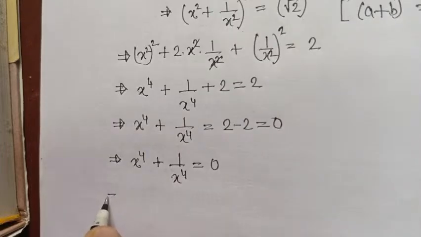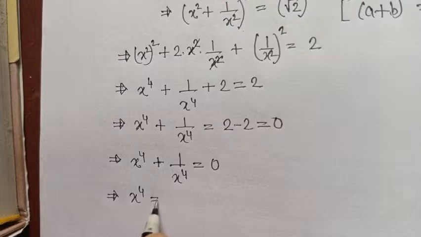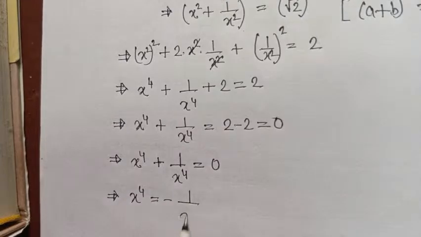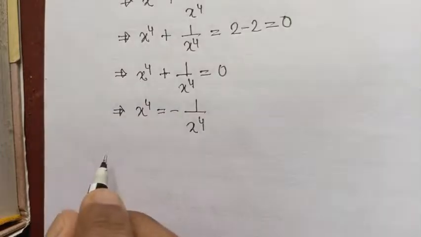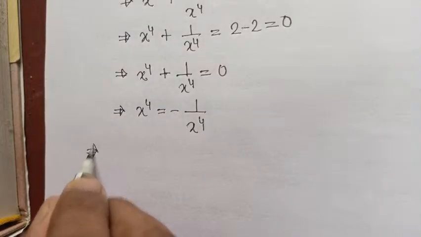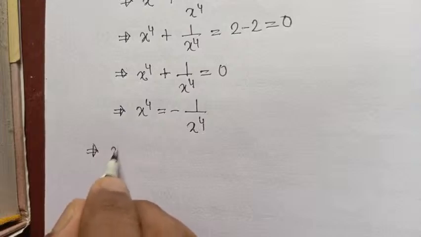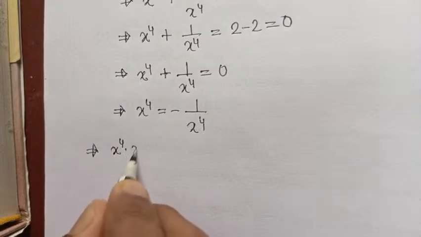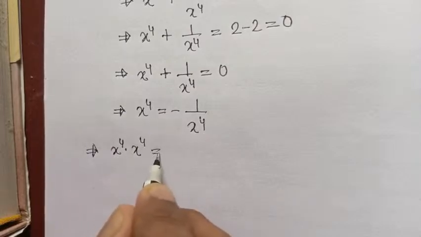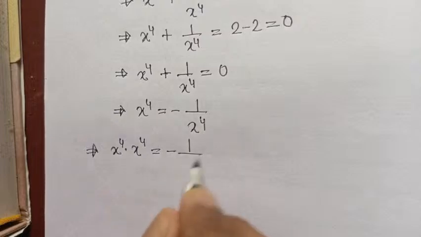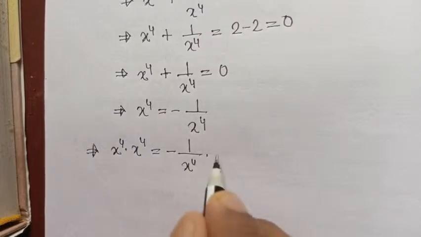Now if we move that 1 by x to the power 4 to the right hand side, and multiply both sides by x to the power 4, like x to the power 4 into x to the power 4 equals minus 1 by x to the power 4 into x to the power 4.